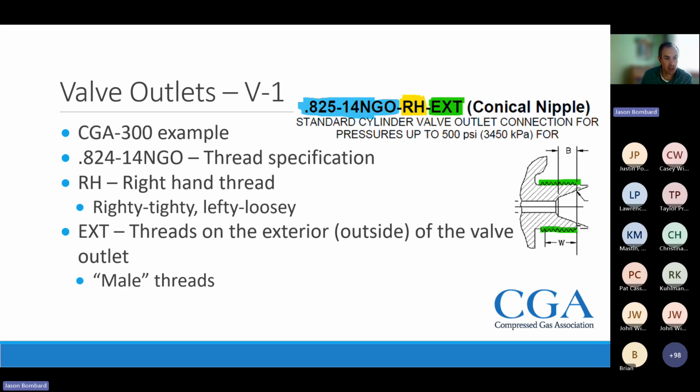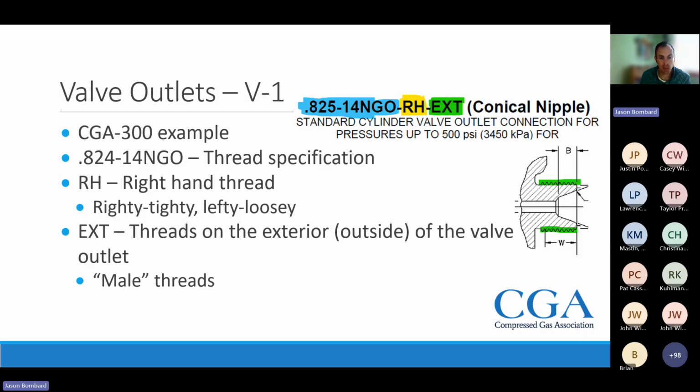So that first designation, the 0.825-14 NGO, is the thread specification. So those threads are 825 thousandths of an inch in diameter. There's 14 threads per inch. An NGO tells you that it's a national gas outlet or a straight thread.